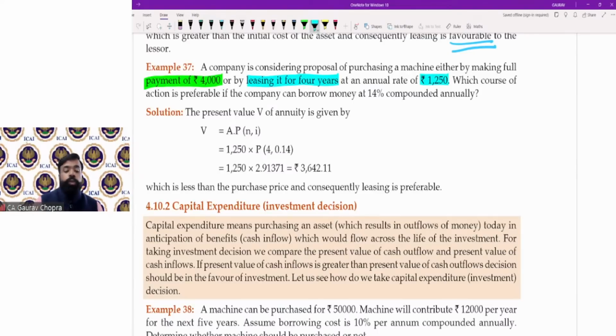So which course of action is preferable? दोनों में से कौन सा बेनिफिशियल है ये आपको बताना है. When rate is 14% and time was 4 years.